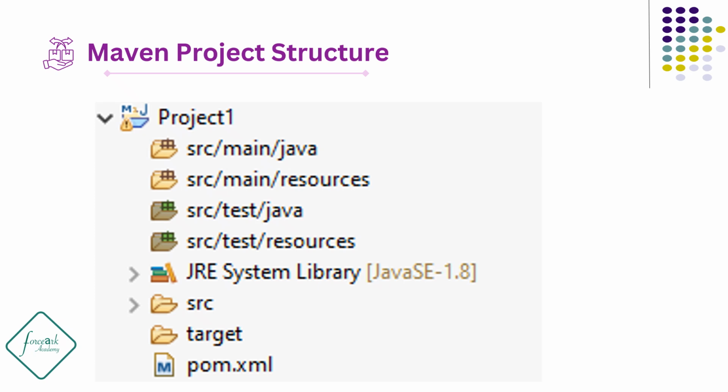And the pom.xml file is the central configuration file for the Maven project, which mainly defines all the dependencies like Selenium, Cucumber, and WebDriver Manager, which we have seen.